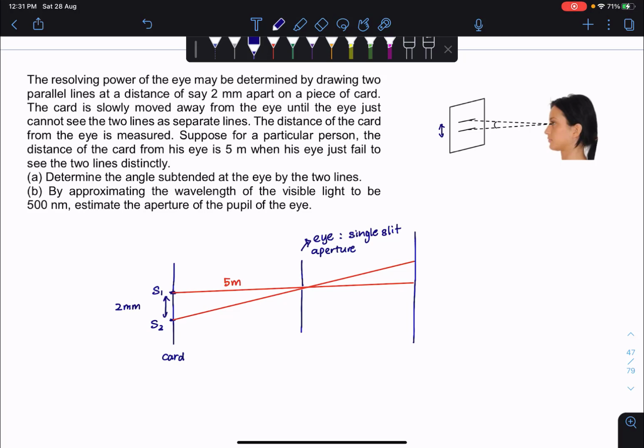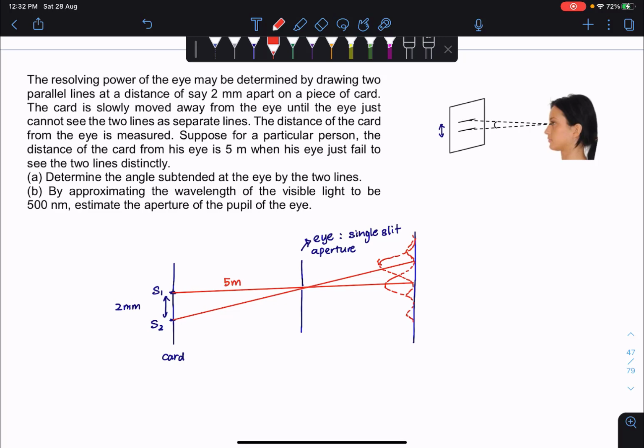So this would mean that if one of the lines after passing through diffracts and forms a minimum, where the maximum of the second line forms, it will look something like this.